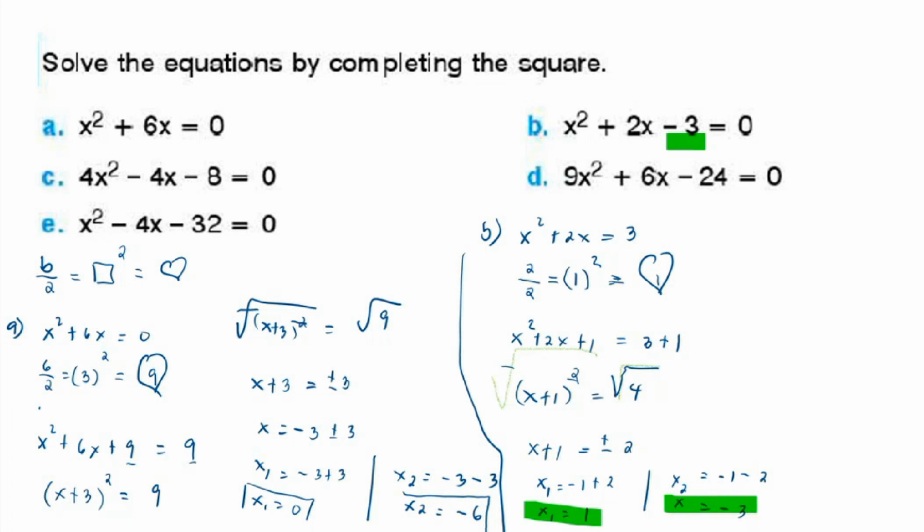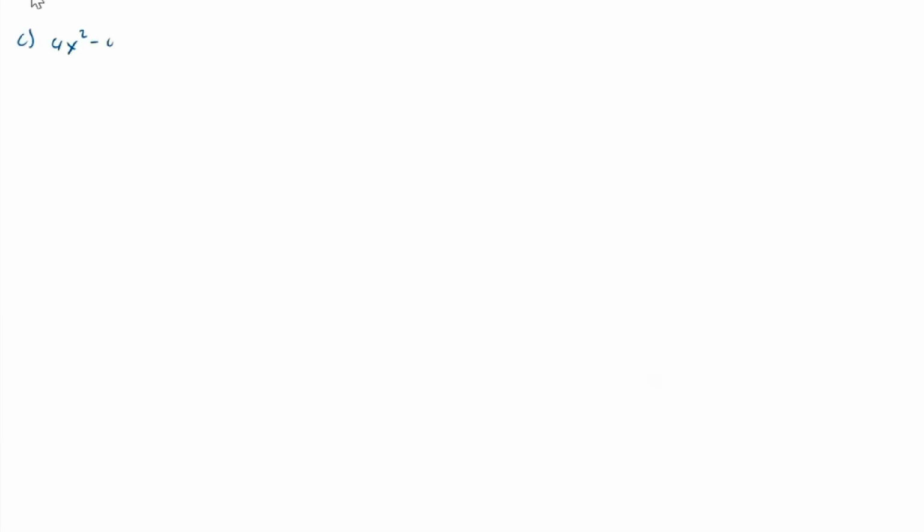Now for letter C, 4x squared minus 4x minus 8 is equal to 0. Since for letter C, the value of a is greater than 1, then first of all, you are going to divide all the terms by the value of a. So I will write it first as ax squared plus bx plus c is equal to 0.